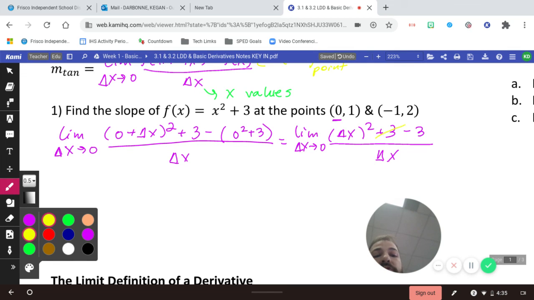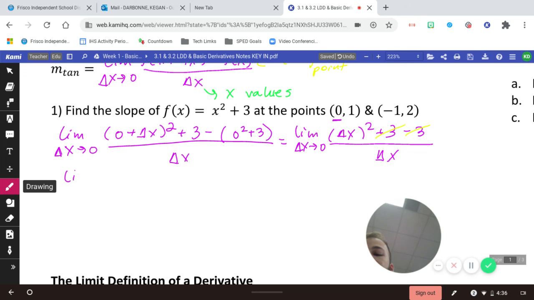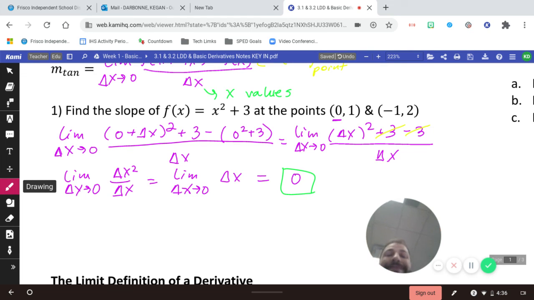So then the 3 and 3 are going to cancel out. So I get the limit as delta x approaches 0 of delta x squared over delta x, which becomes the limit as delta x approaches 0 of just delta x, because delta x squared and delta x, I can cancel out a delta x. That is just equal to 0, because I can finally plug in my 0. So my slope at the point is 0.